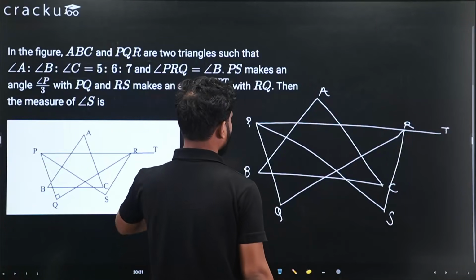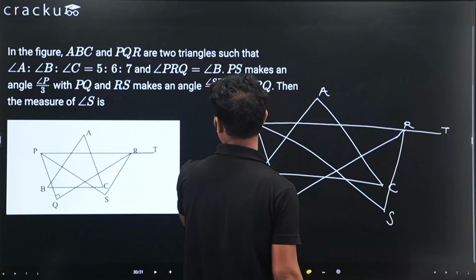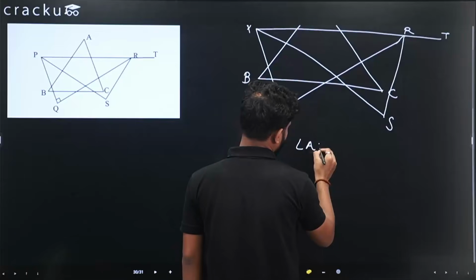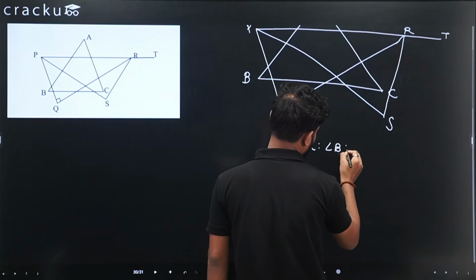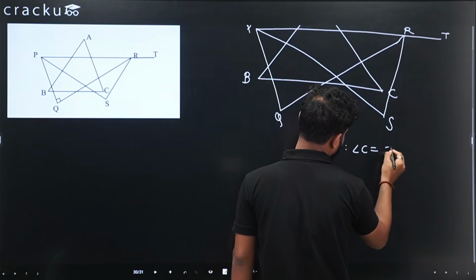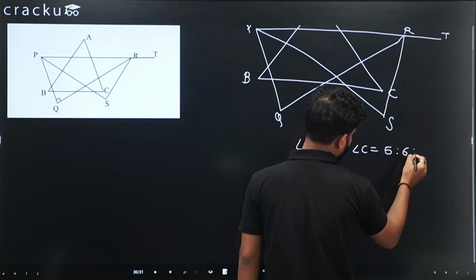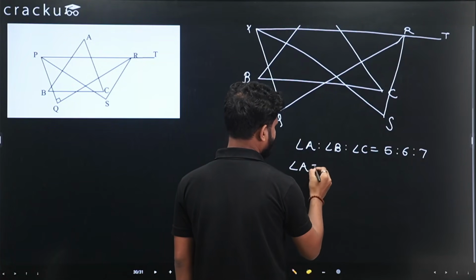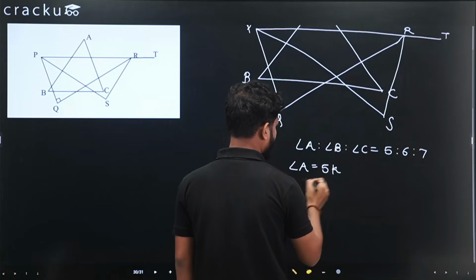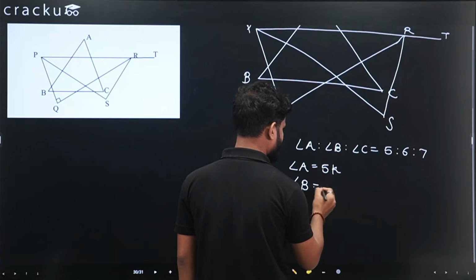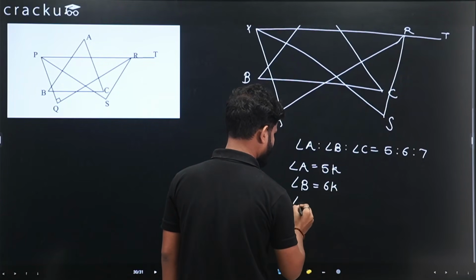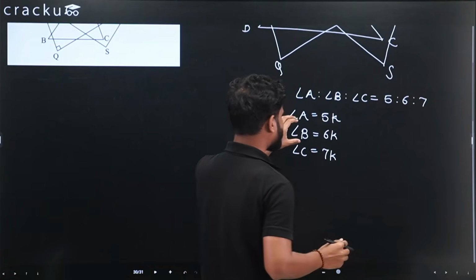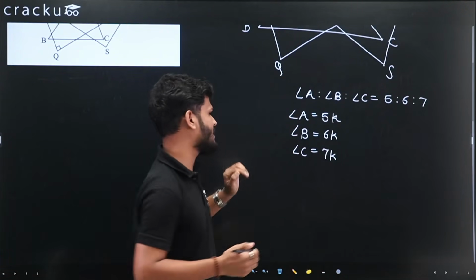What is given? For the triangle ABC, the angles are in the ratio angle A is to angle B is to angle C as 5:6:7. So can I say angle A is, let us say, 5K, angle B is 6K and angle C is 7K. The sum of all angles of a triangle is 180 degree.